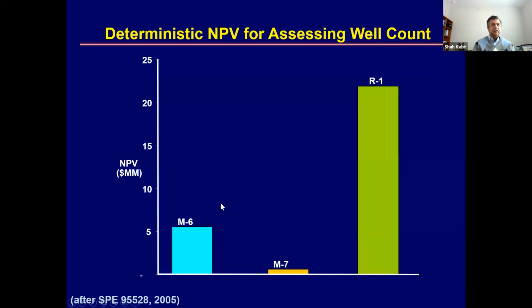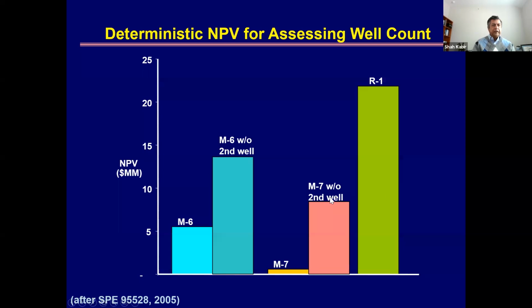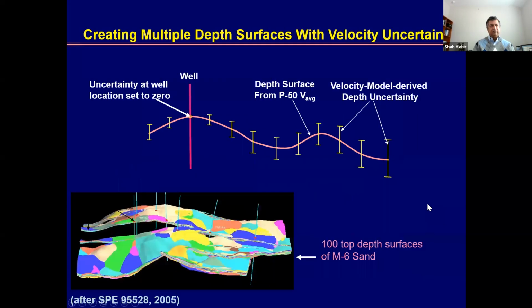This is for a single well system. This is without the second well, the NPV with the second well, and both of them. So it is showing us the value proposition. Let's explore that in the context of a probabilistic frame.